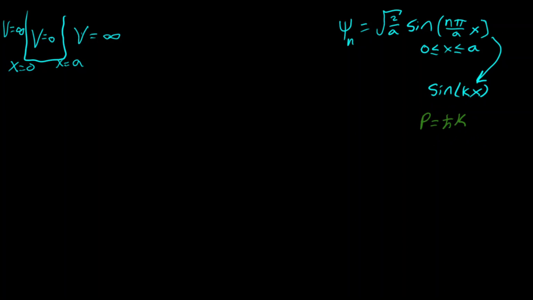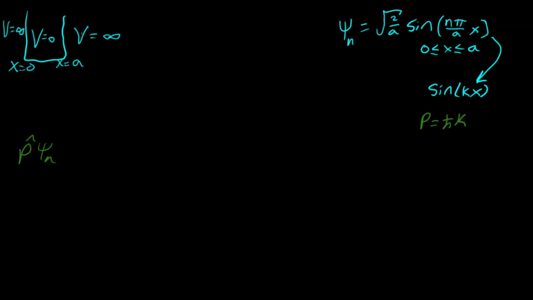So how might we be able to figure this out? Well, there is in fact an easy way. If it's a state with a definite momentum, a momentum eigenfunction, then we know how it will behave if we act on it with the momentum operator. So let's try that out. P hat acting on our psi n.